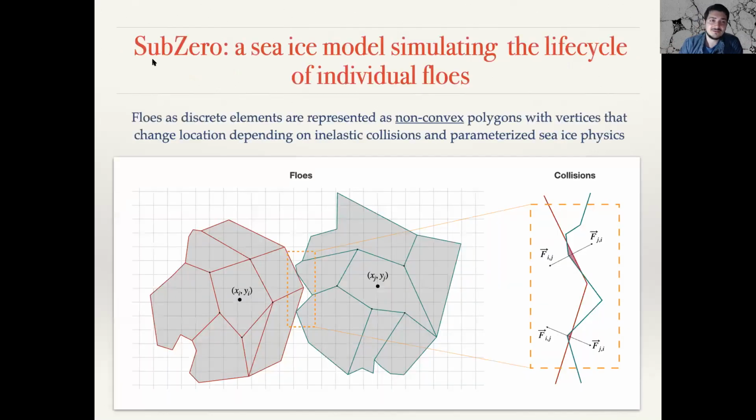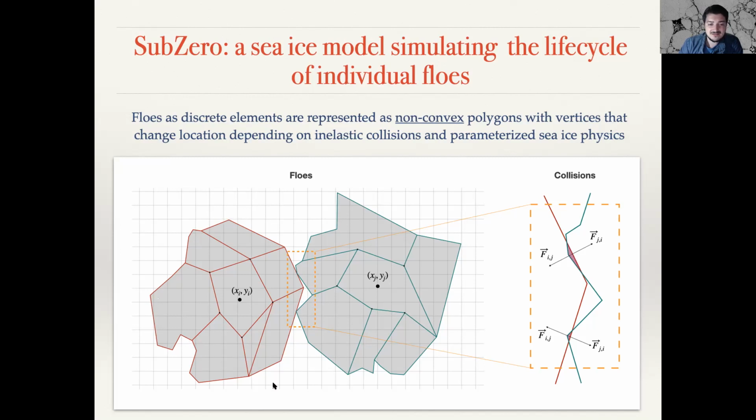So here's the model. I'm going to explain a small prototype of the model. It's called SubZero. One of the major advantages of this model is that it uses polygons for the particles.